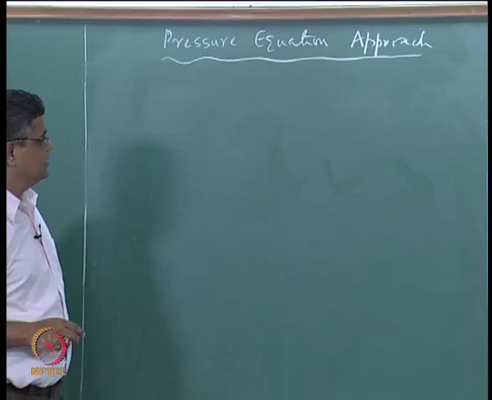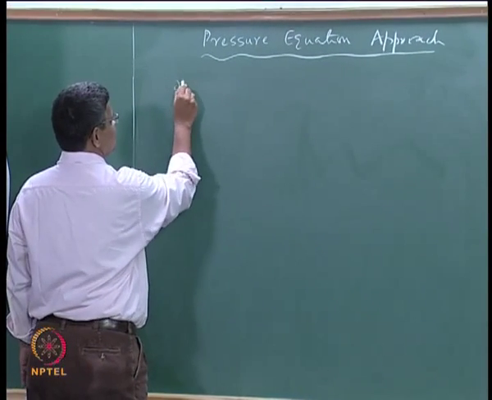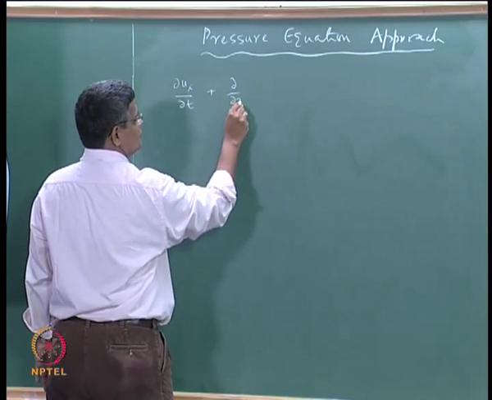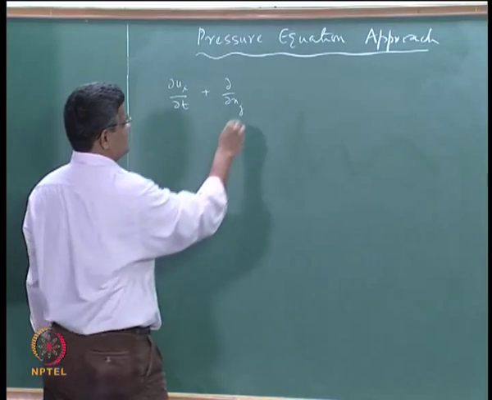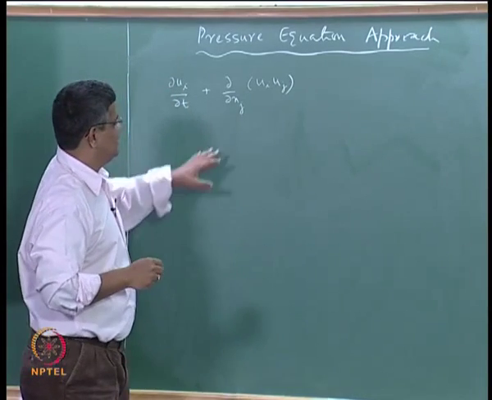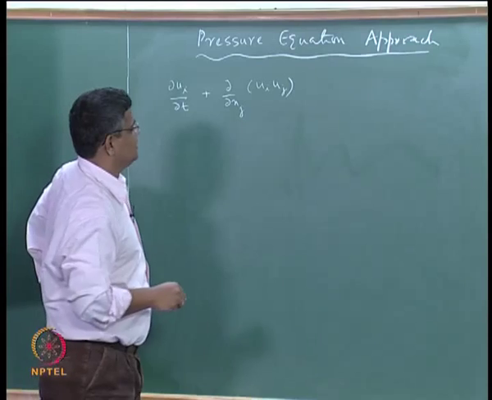For simplicity we will use the index notation to write down the momentum equations. ∂ui/∂t plus ∂/∂xj of (ui uj) equals minus 1 by rho ∂p/∂xi plus nu del square ui. It is understood that there is a summation convention employed here.